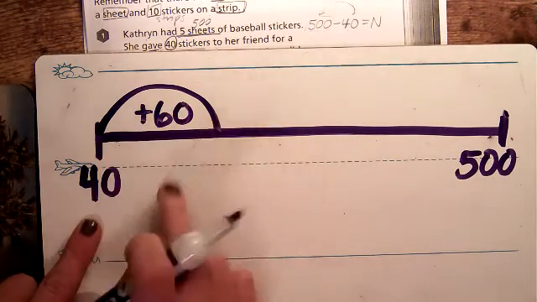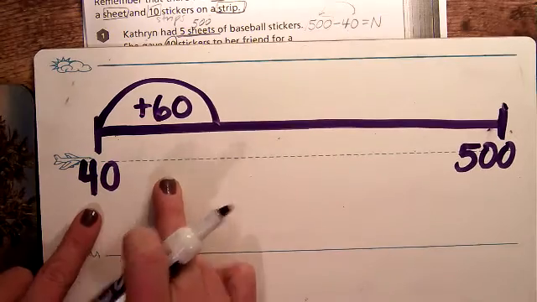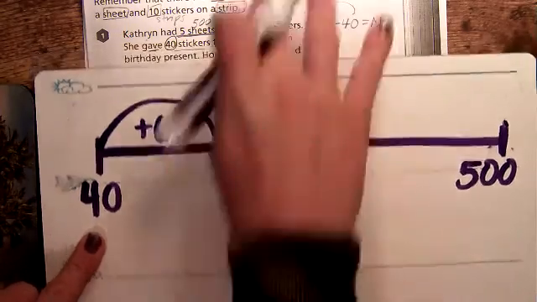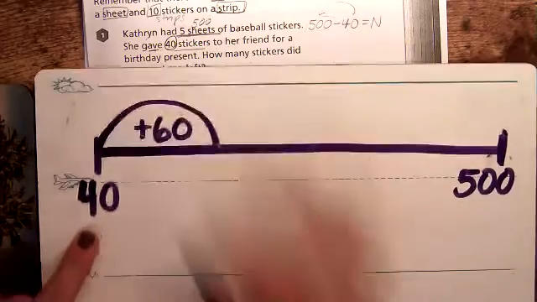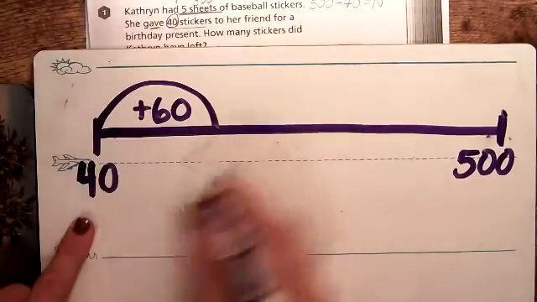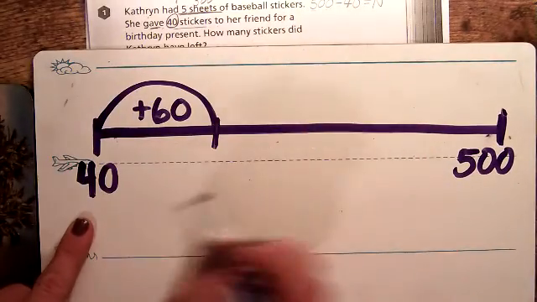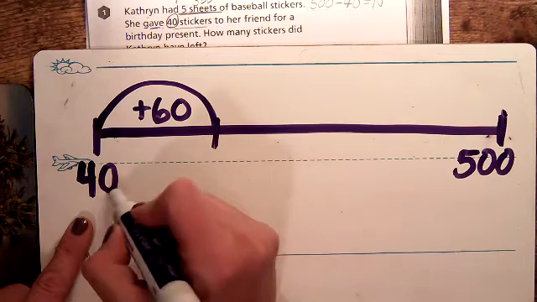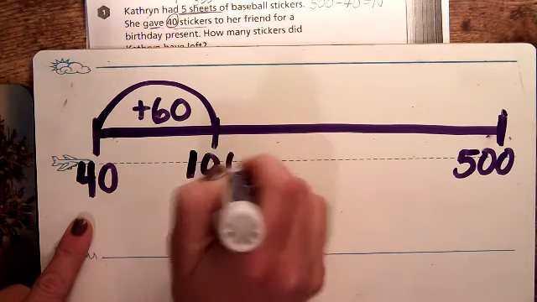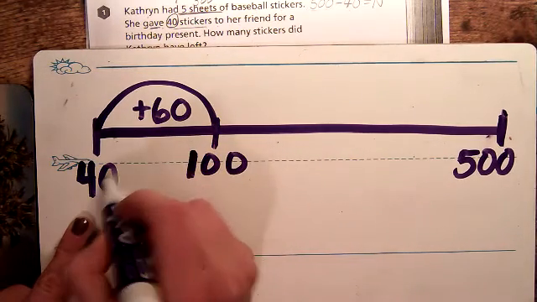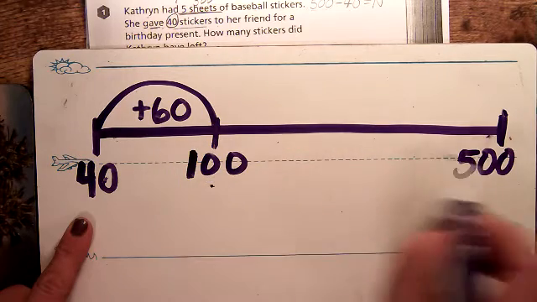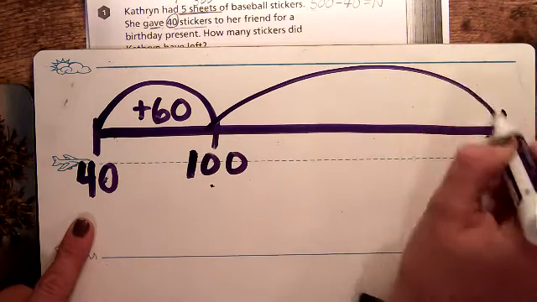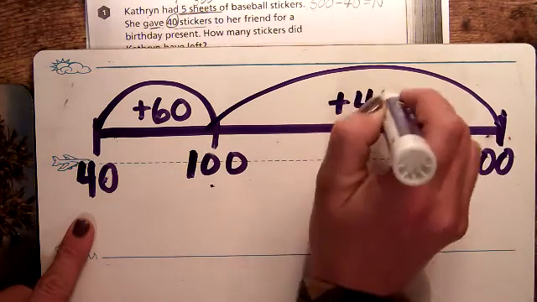Now I'm doing it on the whiteboard to make it quick for me to show you more than one. You can do this on your paper and choose one strategy. Remember, you can also always pause and rewind a video. So when I add these two together, it gets me to 100. That's why I like my combinations of 100. And then I can get from 100 to 500 quickly by adding 400.